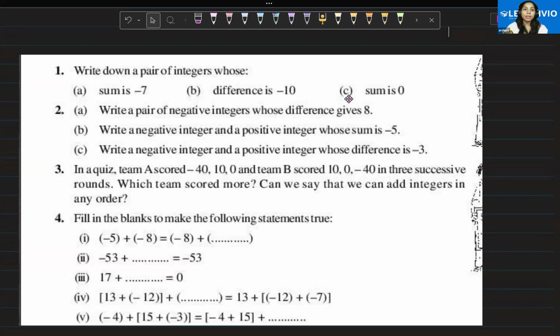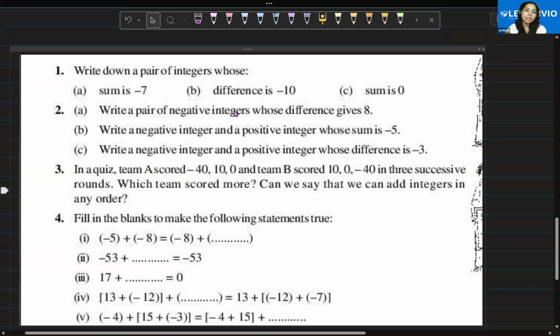Okay. Now, Tasmeen, tell me the answer for part B, question 1, and Saad, you tell me the answer for the C part. Ma'am, I didn't do it yet. Yeah, I mean solve it.